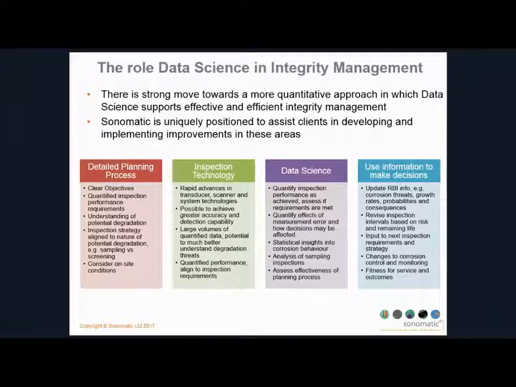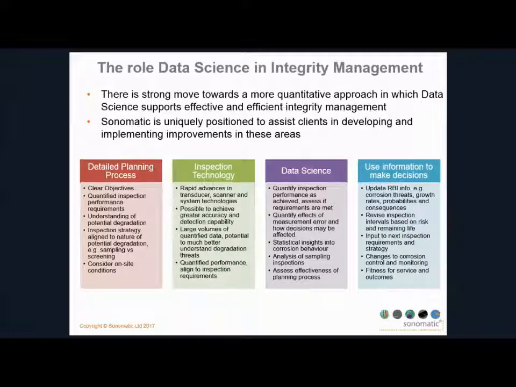The inspection technology, as I've mentioned, is evolving very rapidly and allowing us to get more and better data at lower cost. That data is being backed up by data science to maximize the value of any data that is collected. And then integrity management systems are evolving, and RBI systems, for example, are evolving to make better use of more quantitative data.